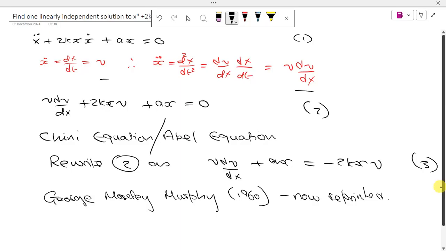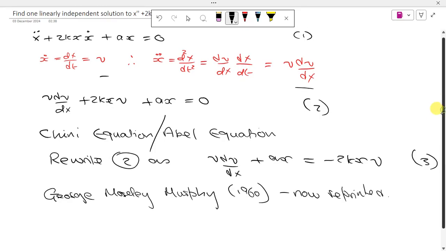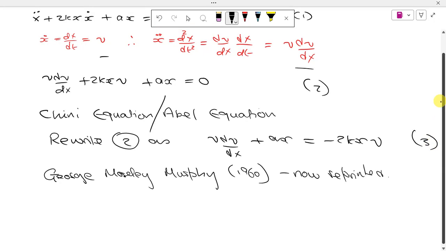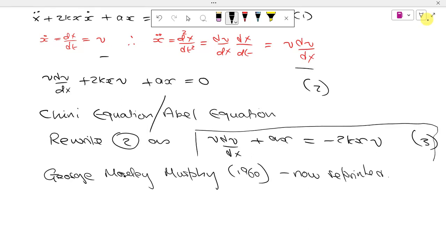He states that, let's go on to a new page. I can't scroll down very far, can I? He states that a solution to equation 3 here is the following.